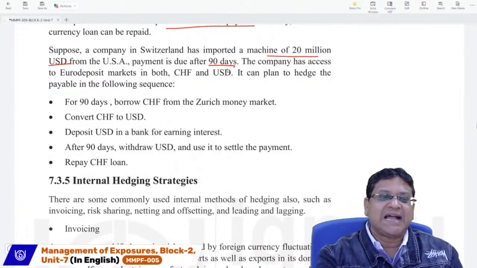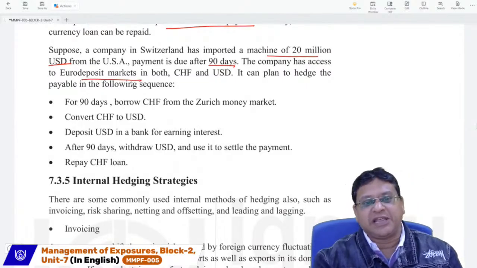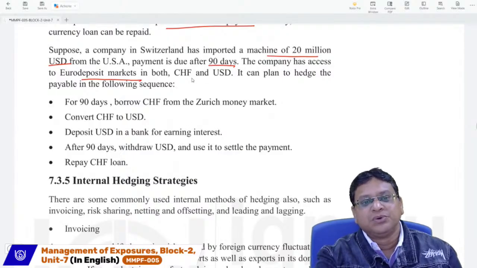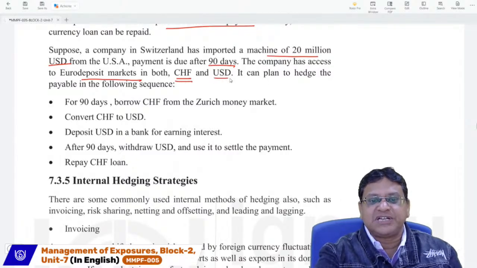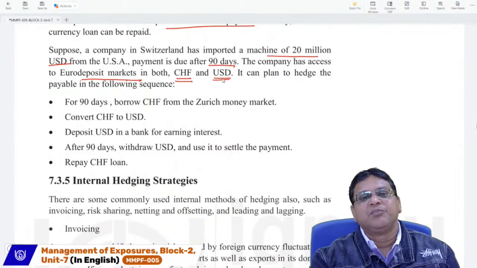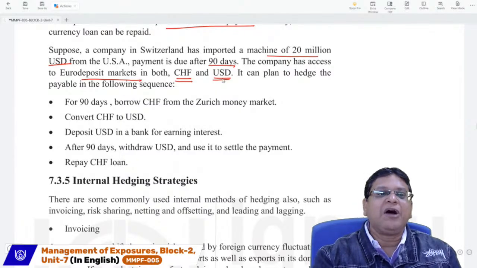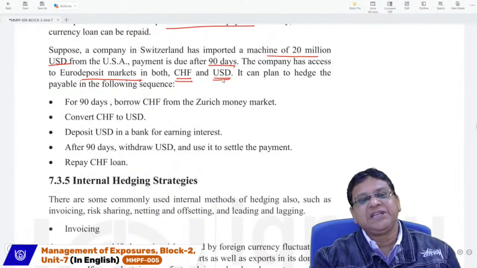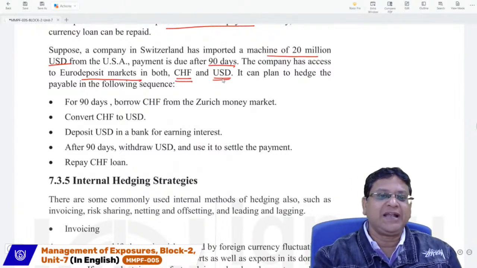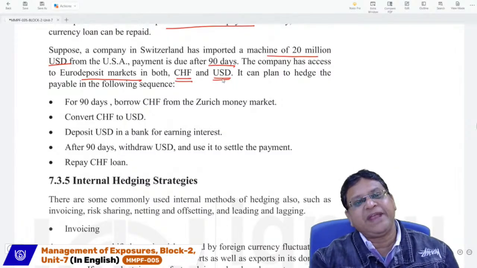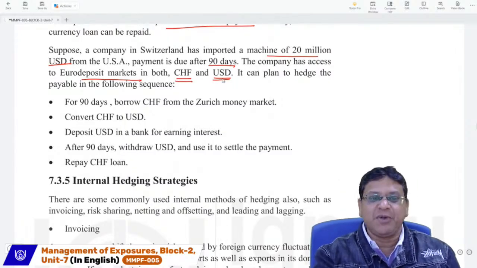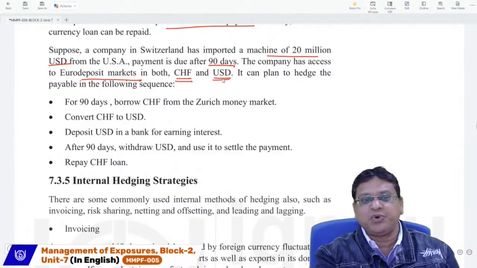So the company has access to the European money market, where both Swiss currency CHF and US currency USD are bought and sold. So how to hedge? Now please see, the importer has foreign currency payable. Switzerland importer has foreign currency payable.